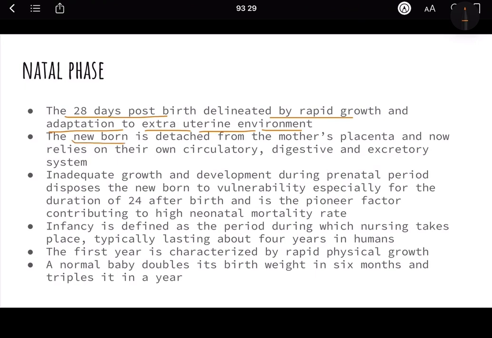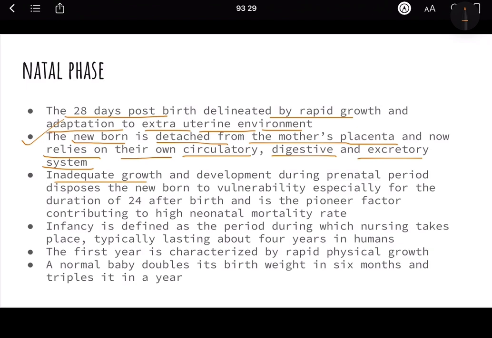So the newborn is now detached from the mother's placenta and now relies on its own circulatory, digestive and excretory systems. Earlier it was happening through the mother, with nourishment through the umbilical cord, and the excretory system was also on the mother's support, but now the baby has to detach from that and start to work on its own, and that is when the development of its own organs starts to begin, okay?